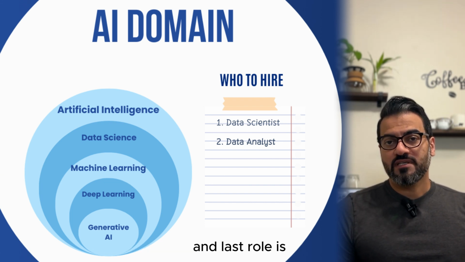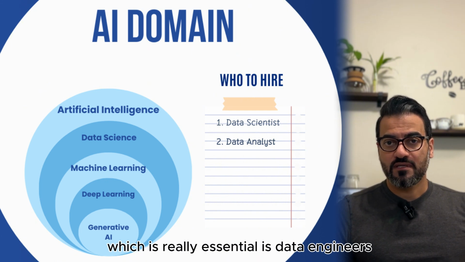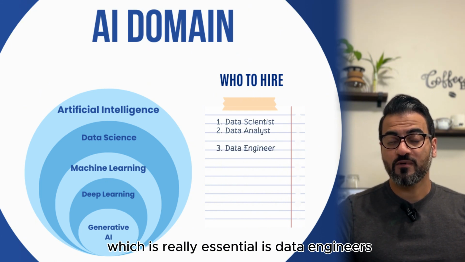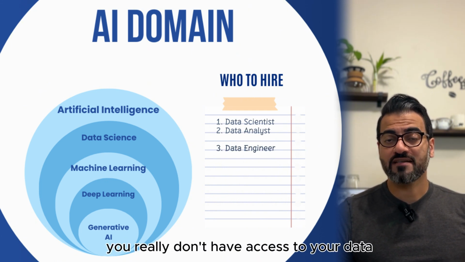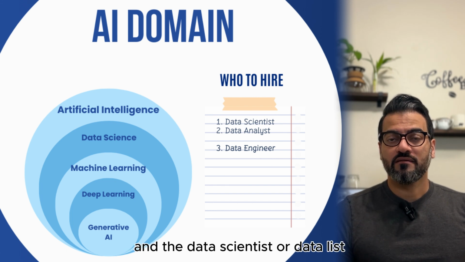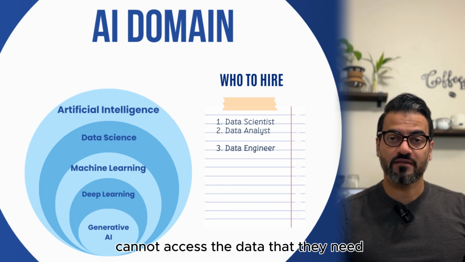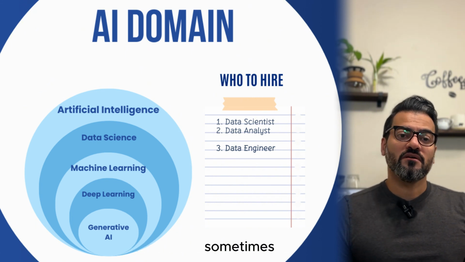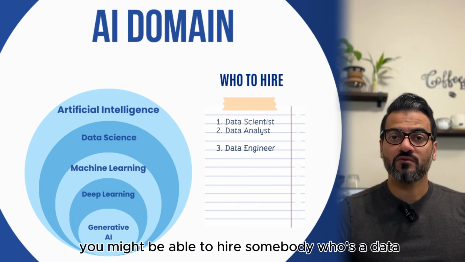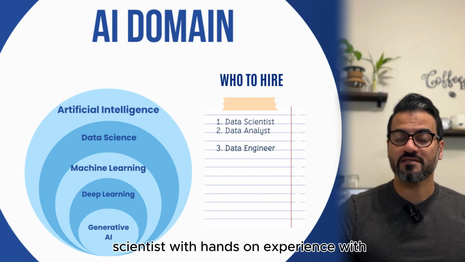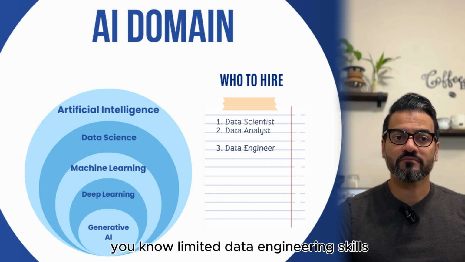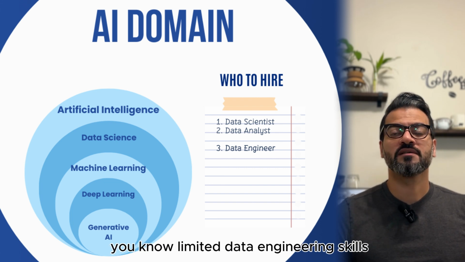And last role, which is really essential, is data engineers. Without data engineers, you really don't have access to your data, and the data scientists or data analysts cannot access the data that they need. Sometimes you might be able to hire somebody who's a data scientist with hands-on experience with limited data engineering skills.